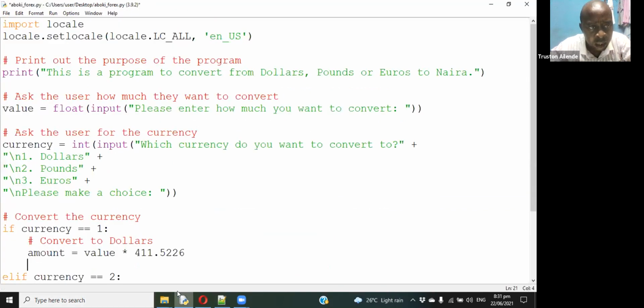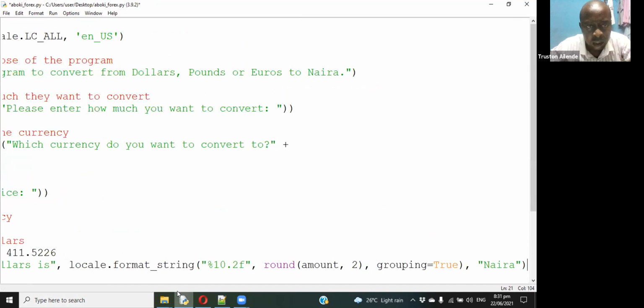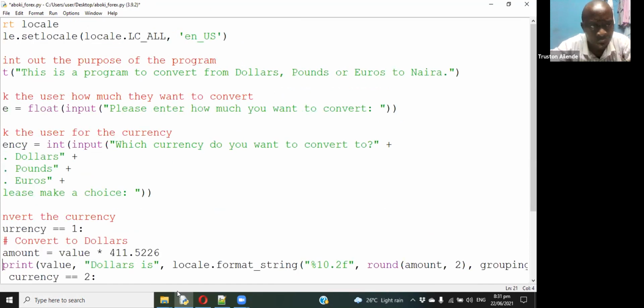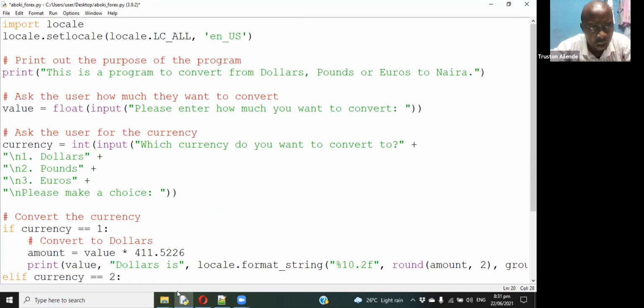It's telling me this thing. So I want us to move. Okay, so copy this so that we do it for dollars and then we take the same idea and then we do it for the rest. So remember to copy this first one. It's highlighted here.